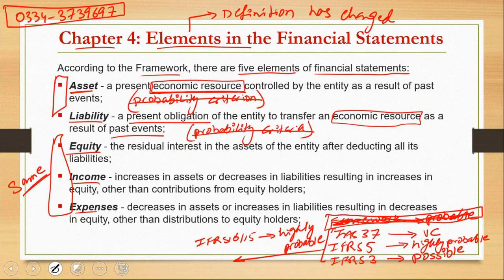This is the previous slide. Annie and Rebecca, you can take the snapshot. So we should be recognizing the asset or any element, maybe liability or income or expense or equity, only if it meets the definition.